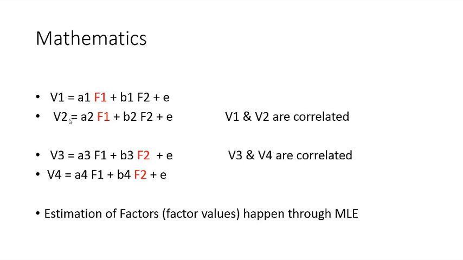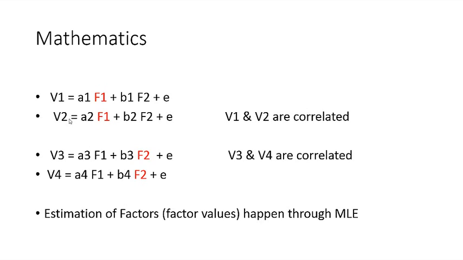To know more about maximum likelihood estimation, please watch the video on maximum likelihood estimation. Similarly, v3 is a linear combination of f1 and f2 again, but you can see the coefficient for f2 is significant here, as I have marked, but the coefficient of f1 is very less significant or not at all significant.